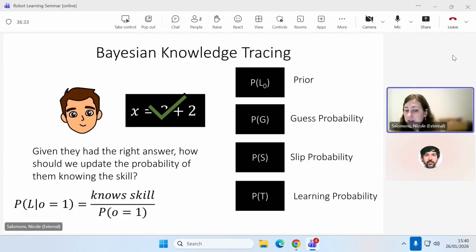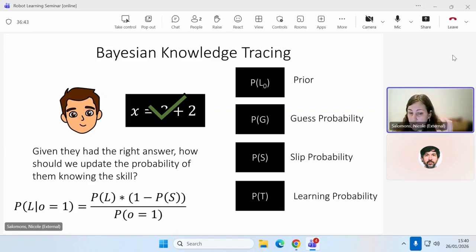That's simply the probability that they knew the skill beforehand, times the probability that they didn't slip, divided by the probability of them getting the answer correct in the first place. This is all in a hidden Markov model format. We're also using Bayes' rule here to calculate these probabilities.